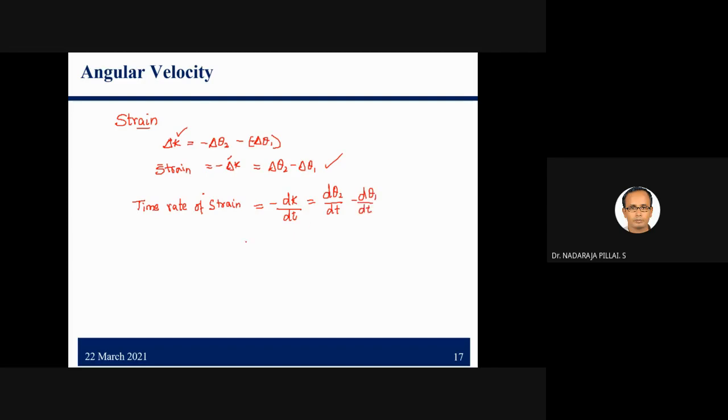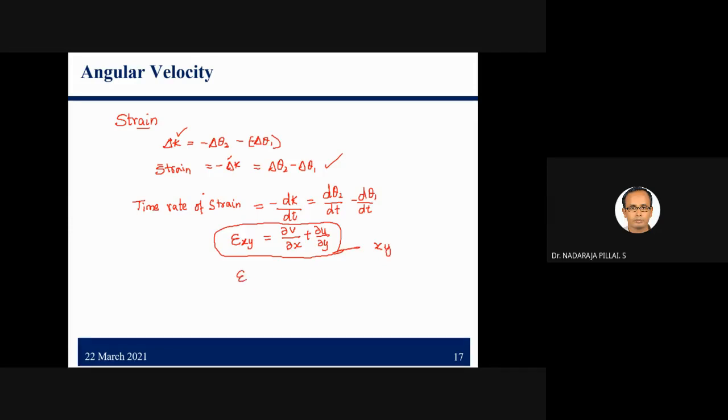I will write this time rate of strain in x and y, that is equal to dou v by dou x plus dou u by dou y. This is the time rate of strain in the xy plane.